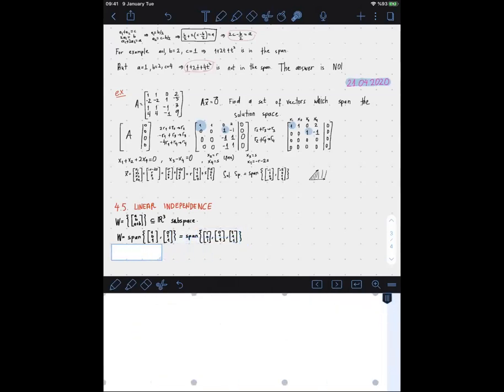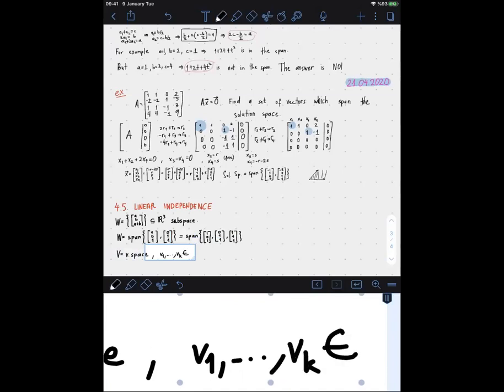Okay, so now there's an idea about this, and it's called linear dependence and independence. So we have this vector space V, and we take some vectors in it.